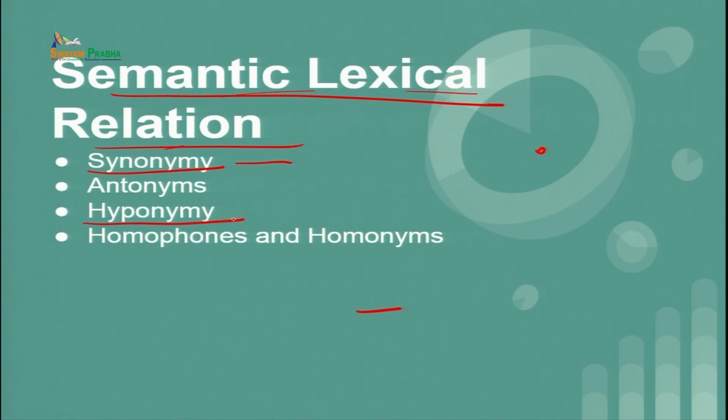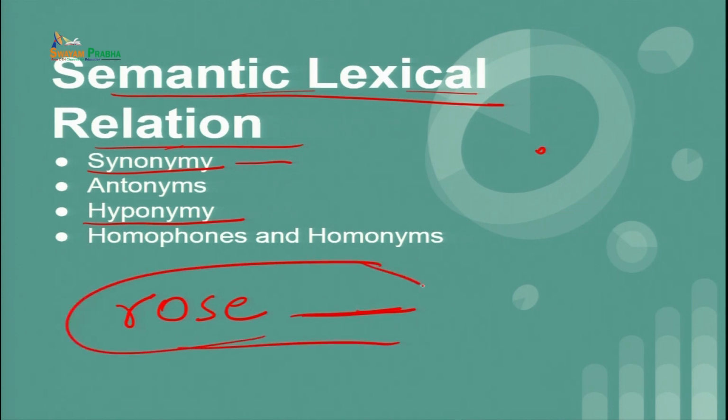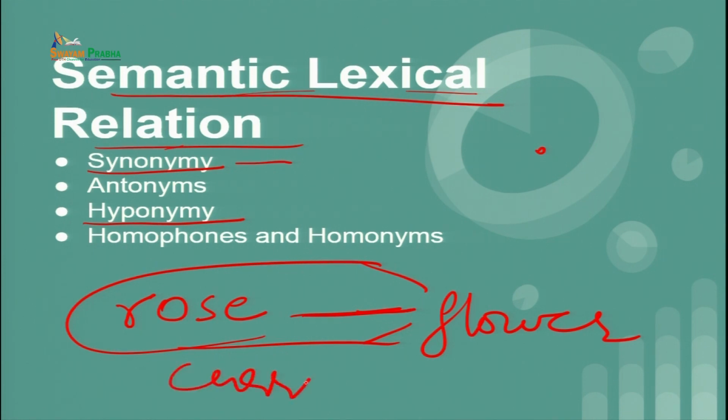There is another concept, that is hyponymy. When the meaning of one form is included in the meaning of another, then the relationship is described as hyponymy. For example, you say rose, and you find that a rose is a kind of flower. You say carrot, and you say vegetable.